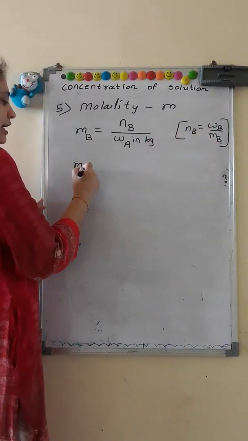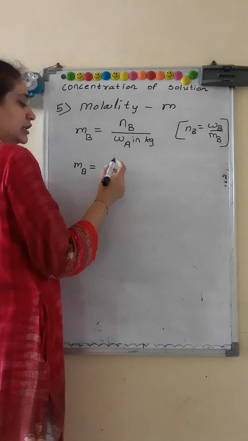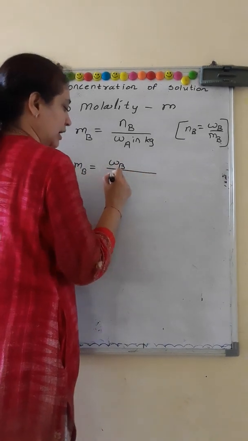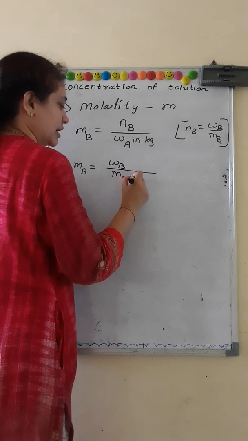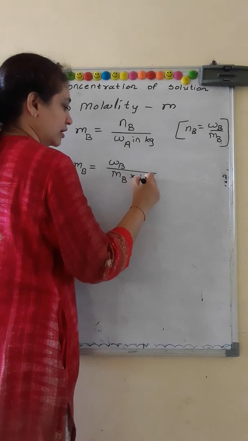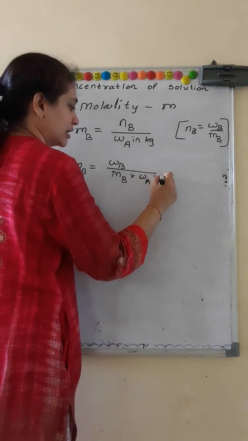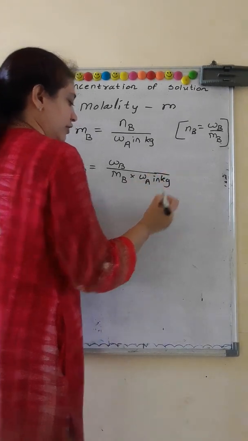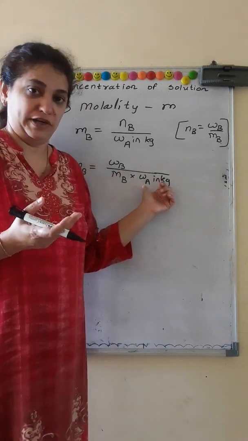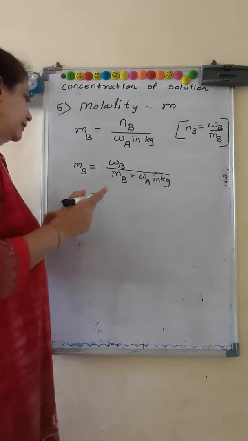We can also write molality of solute is equal to WB upon MB multiplied with WA in kilogram, where WA is weight of solvent or given mass of solvent.